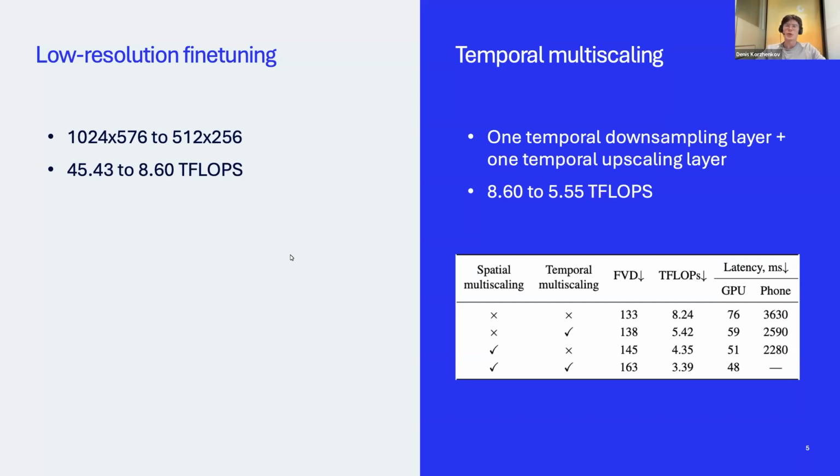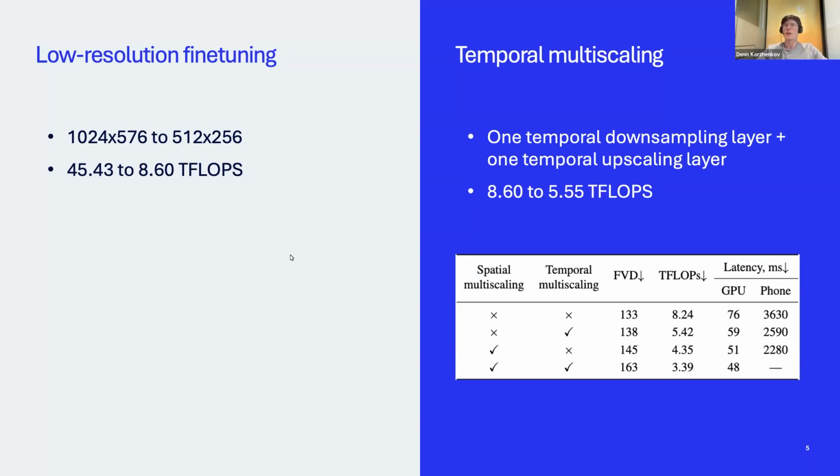So first of all, I need to say that the SVD architecture doesn't apply any downscaling along the temporal axis. So in the UNet architecture, they downsample and afterward upsample only spatially.